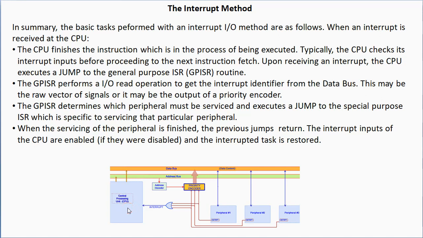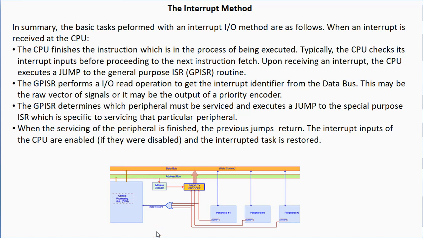Upon receiving an interrupt, the CPU executes a jump to the general purpose service routine, and per the jump, it will save the program counter contents on the link registers so as to return and resume later.